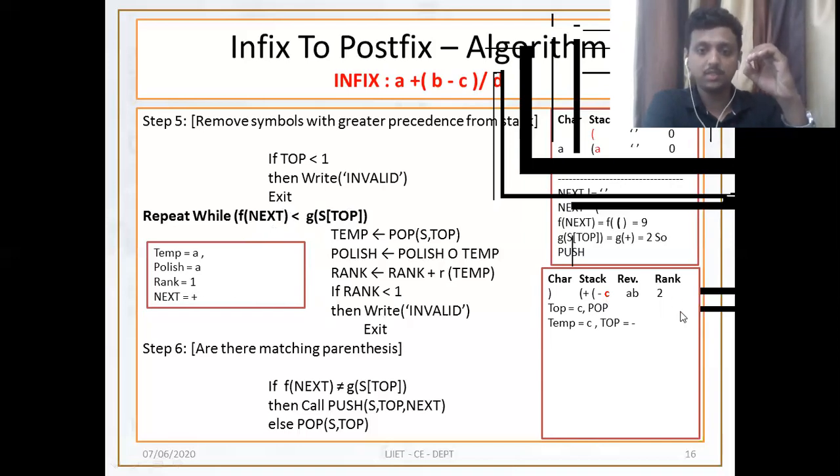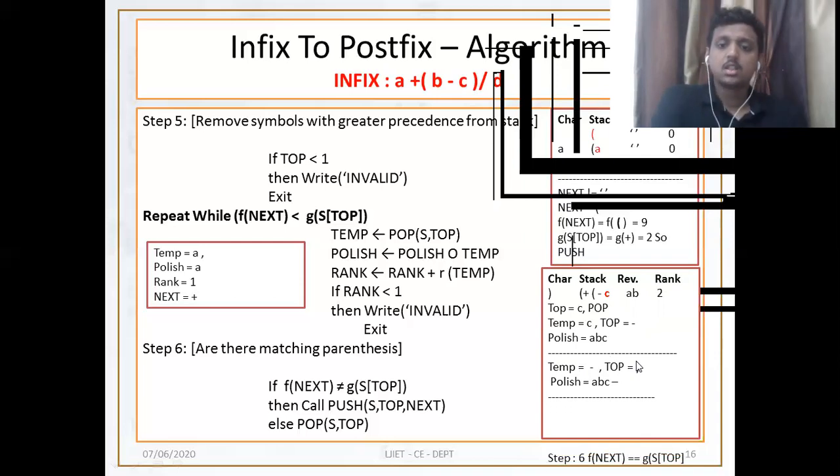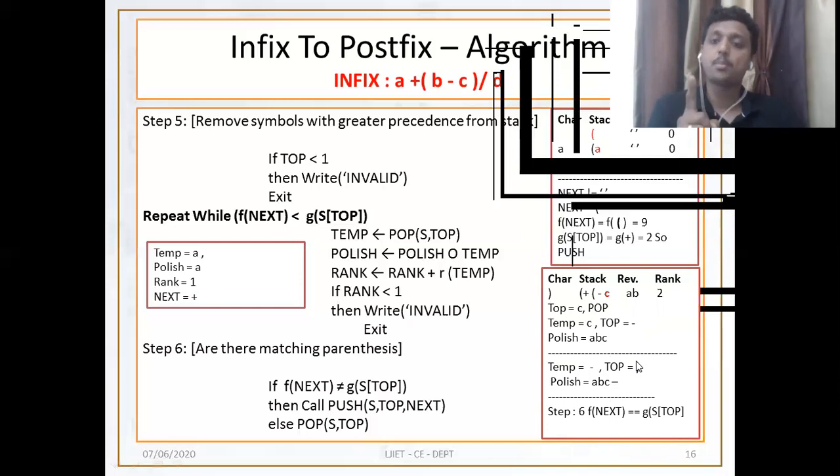So you are popping out C first, then popping out minus, and appending to reverse polish. I pop C, top is minus, and polish will become ABC. Then top temp is equal to minus. Now top points to the opening bracket. Polish is equal to ABC minus. The next step is f of next is equal to g of s of top.